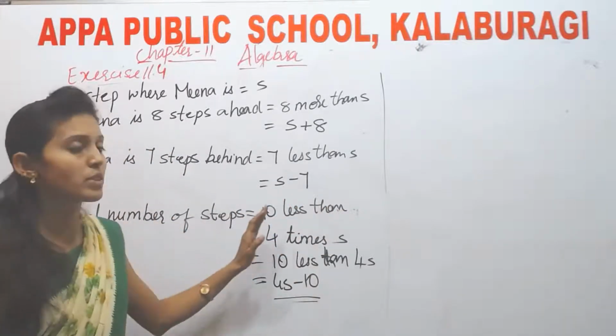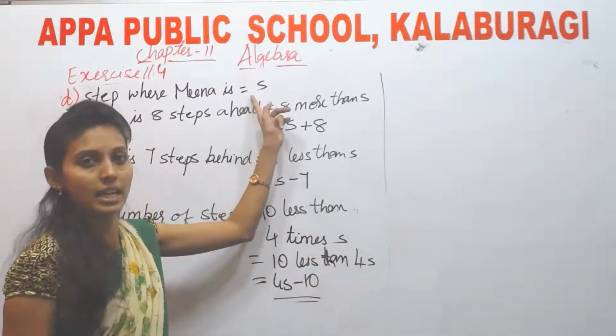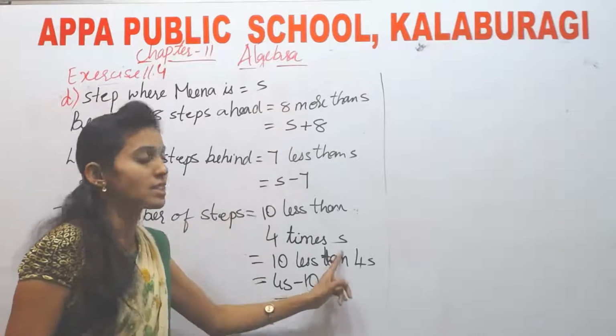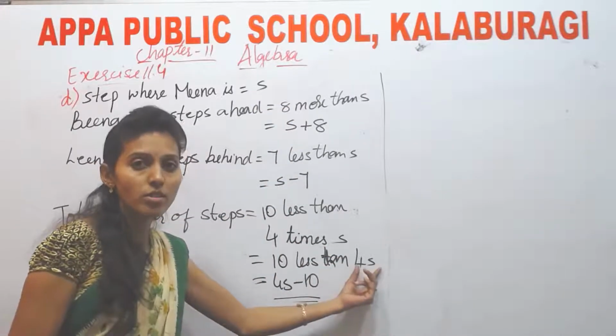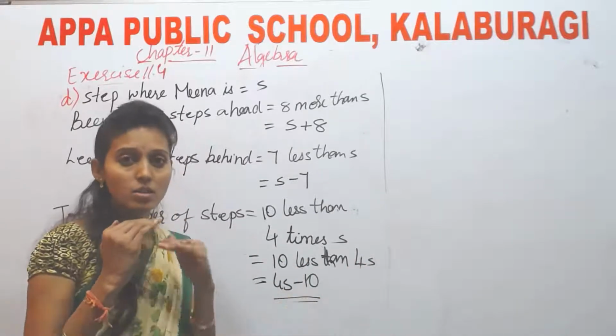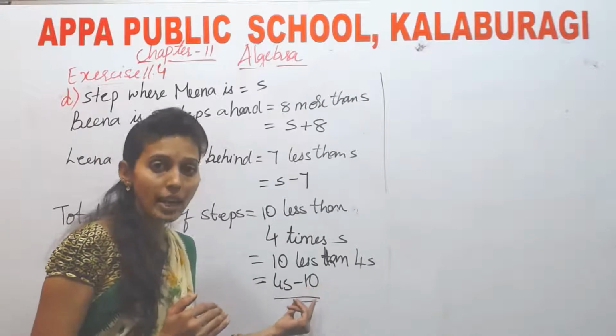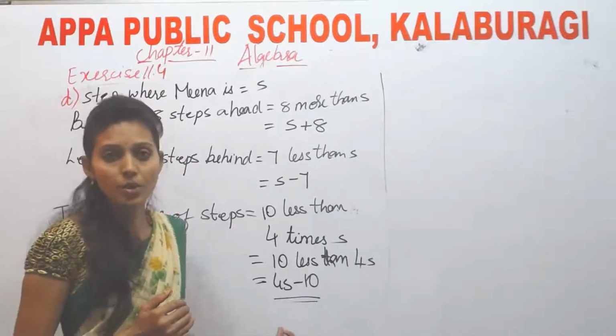Now the total number of steps is 10 less than 4 times where Meena has reached. Meena is at s, so 4 times s is 4s. From 4s, 10 less, so we have to subtract 10 from 4s. Got it? Understood? Fine.